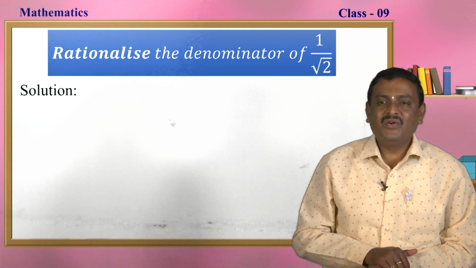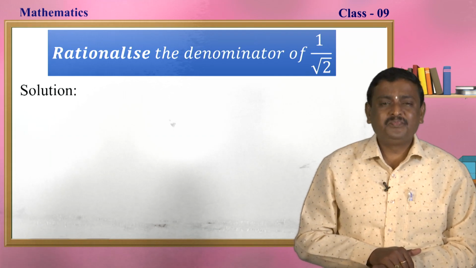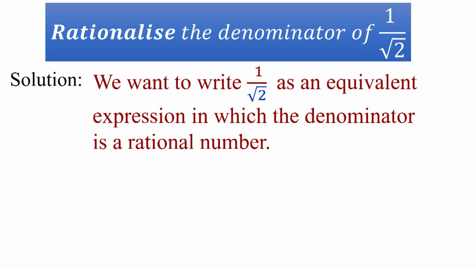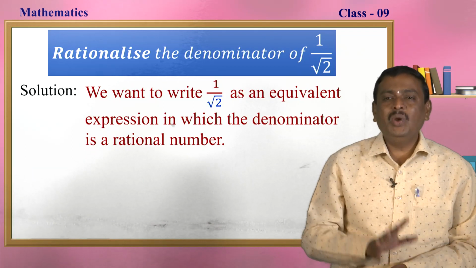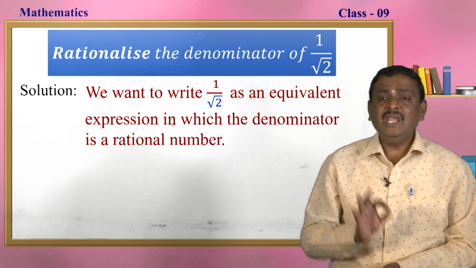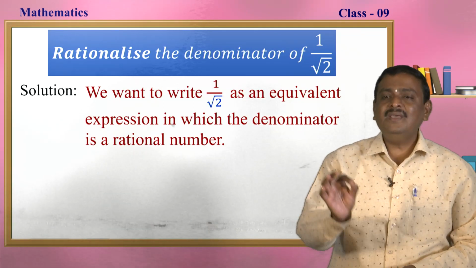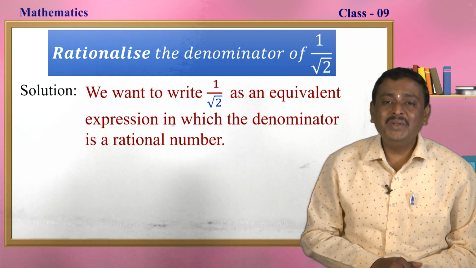Rationalize the denominator of 1 by root 2. We want to write 1 over root 2 as an equivalent expression in which the denominator is a rational number. So, what to do now?